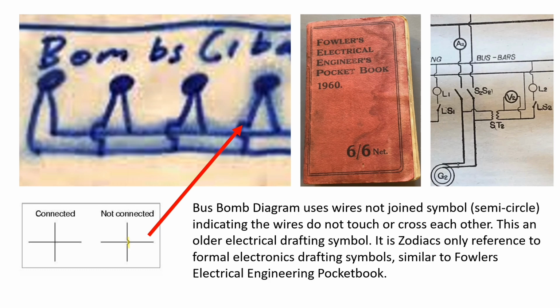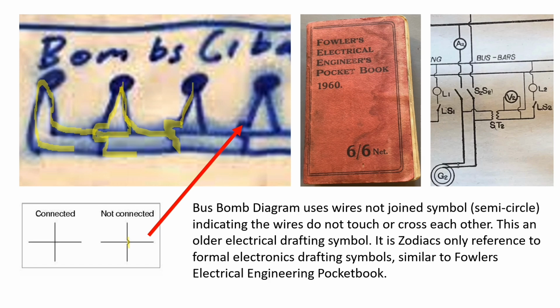But essentially it just means that the wires don't touch and they cross over each other, and you can see that working as the circuit goes round and underneath and then connects through, and this one's going over and connecting through to each of the 5 bags of bombs that he talks about.